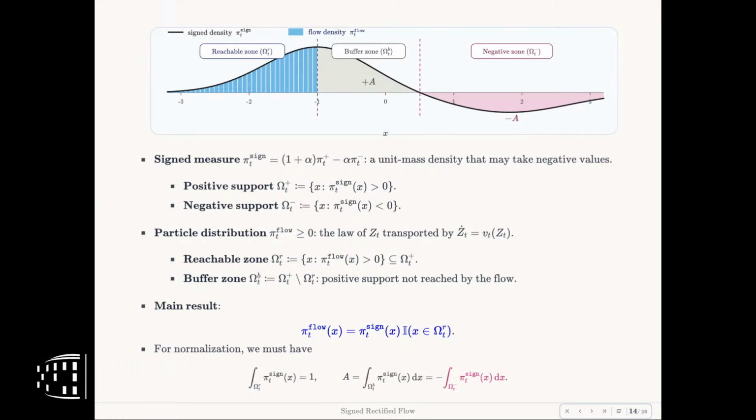You can see that the flow is picking a sub-region inside of the positive region. In high-dimensional cases, this region is implicitly defined by the flow, so there's no analytic formula for it, but we know that whenever the flow reaches, you have this property.